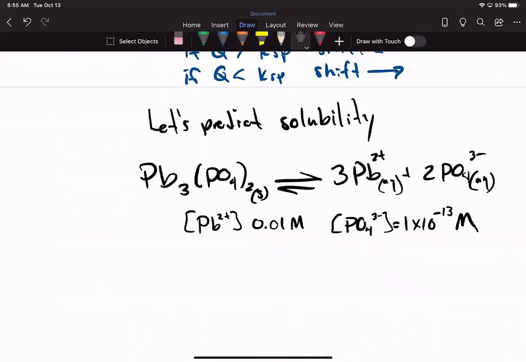All right, well, we calculate Q the exact same way. So our calculation for Q is going to be this molar solubility, and again, here's 3, so I'm going to put 3 here. So we have to be cautious of that. I put phosphate here, and I'm going to put square there.